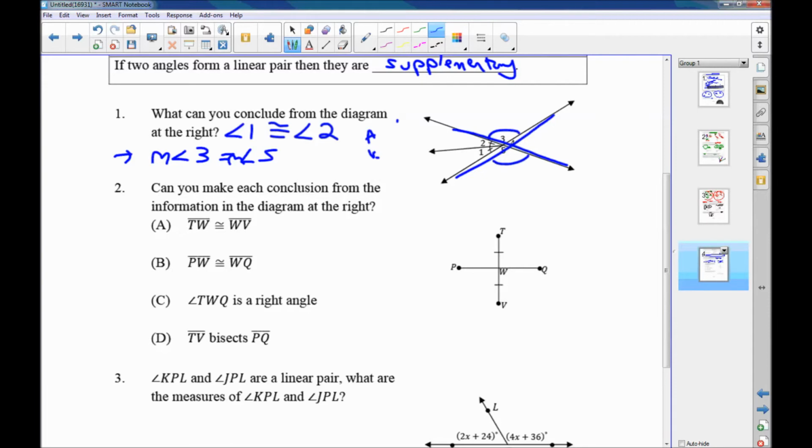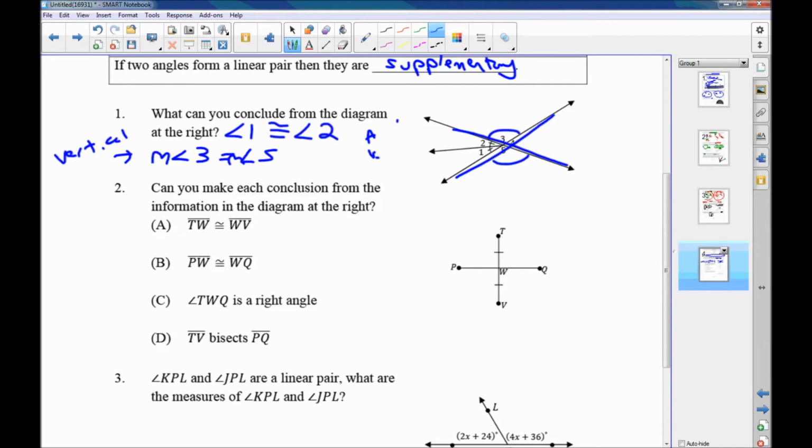Their non-common sides are opposite rays. And we could tell that angle 4's measure is equal to angles 1 and 2 together because those are also vertical angles. 1 and 2 combined make 4.